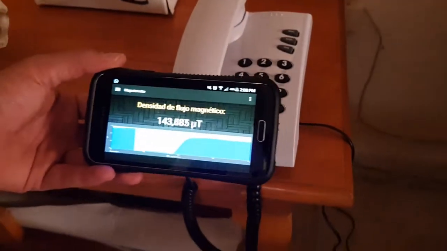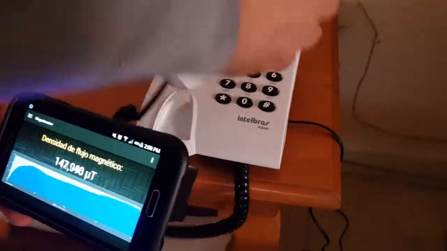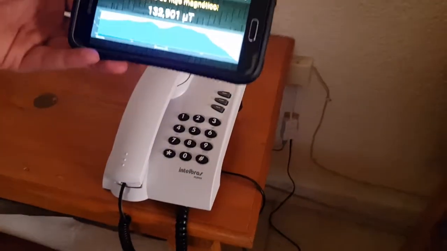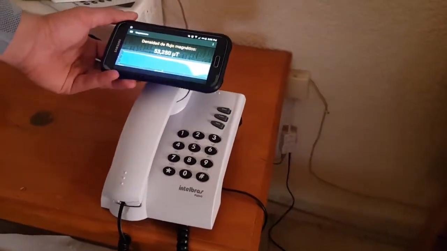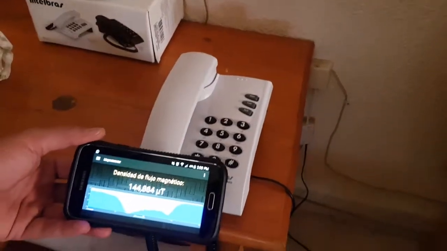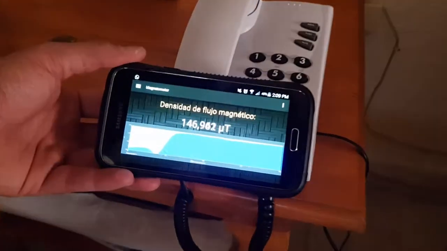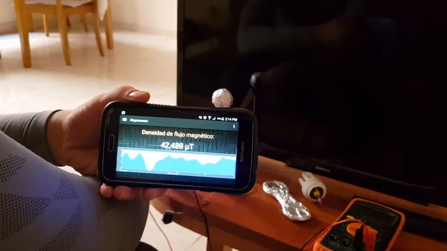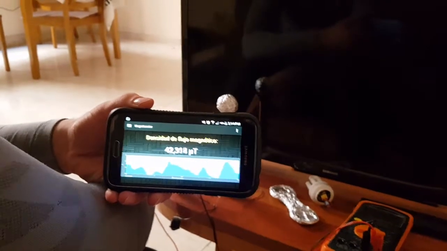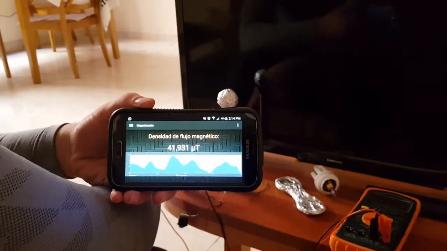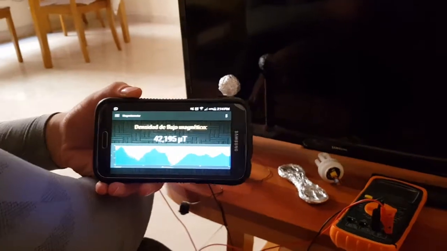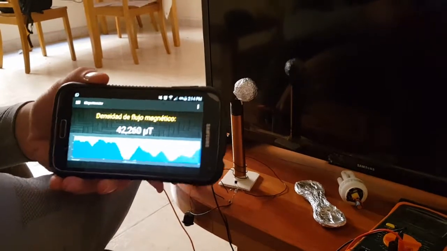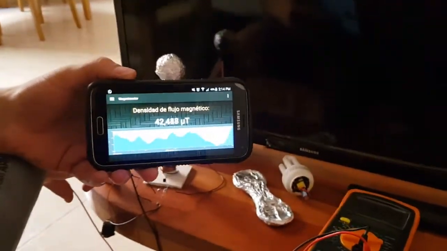I think this change might be because of the... We were trying to measure the magnetic flux density with our Tesla meter, and this is what happened.